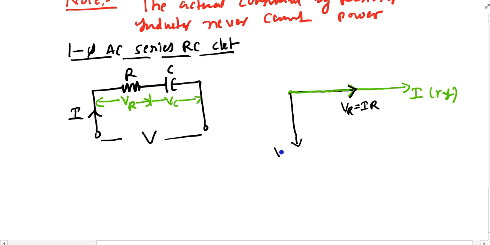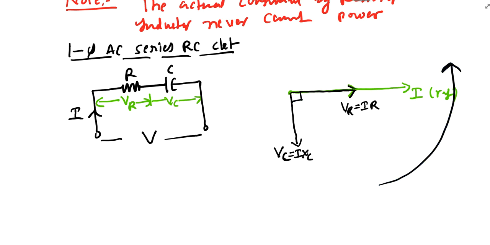So my voltage Vc, that is I into Xc, lags current by 90 degrees. If the vector is rotating in the anti-clockwise direction, my Vc is lagging 90 degrees with respect to my current vector.